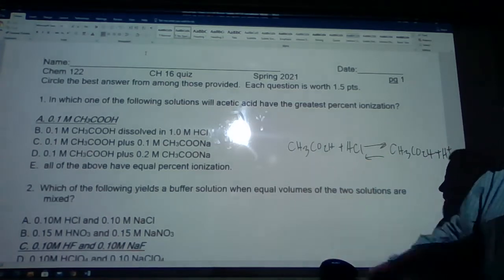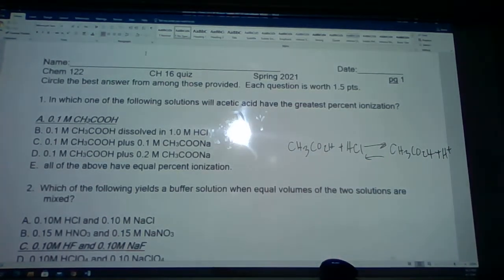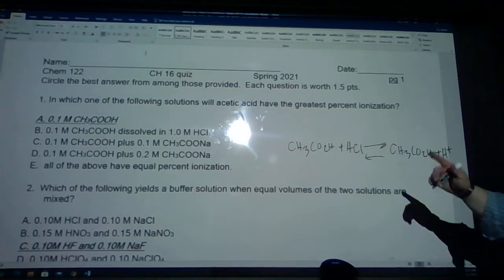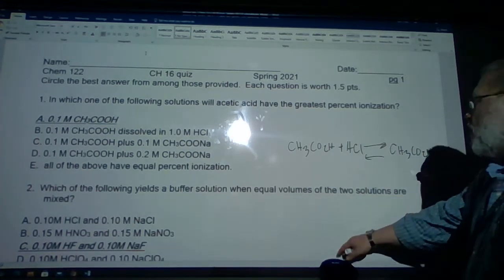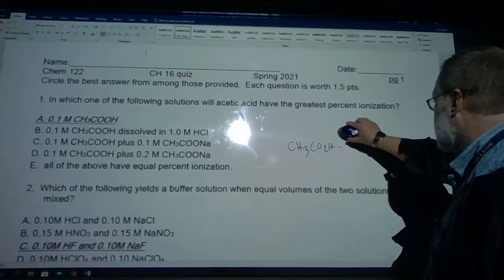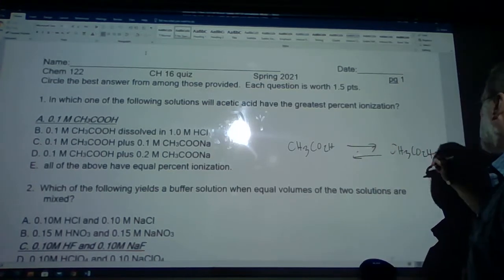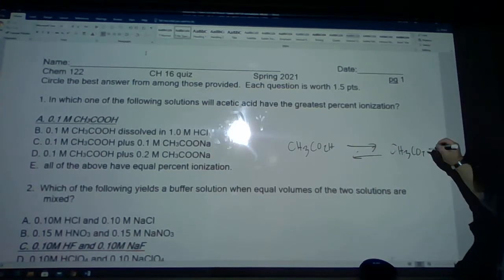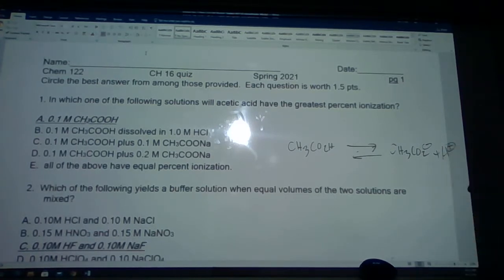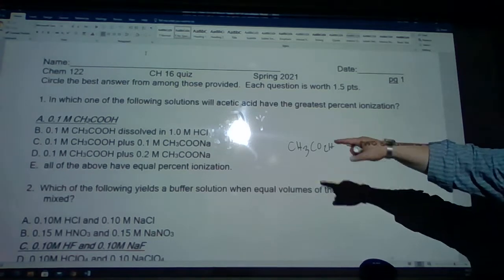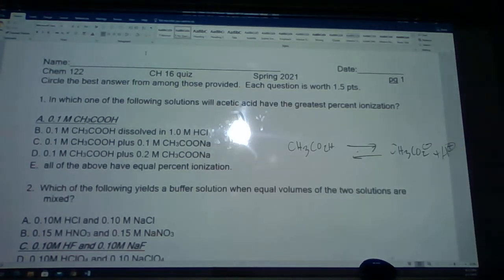Therefore, B, C, and D will have lower ionization than A. In A, all we have is acetic acid, so we have the acetate anion and the H+ cation. That is why the answer to number 1 is A.